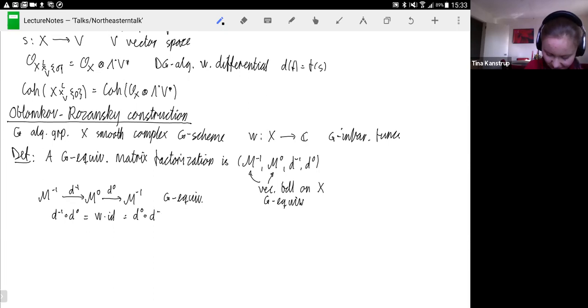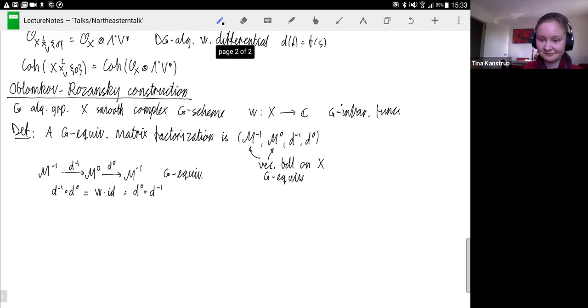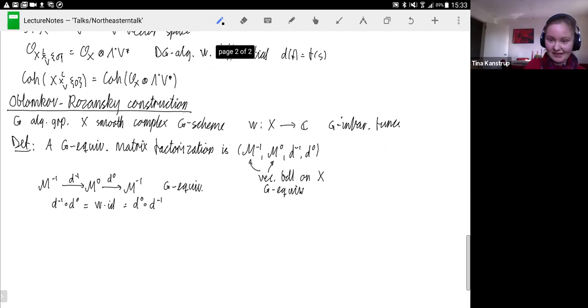I will denote the G equivariant matrix factorizations as this, and this turns out to be a DG category, because if you look at maps between these, although you have potentials here, you need your maps to square to 0. So this is an honest DG category.